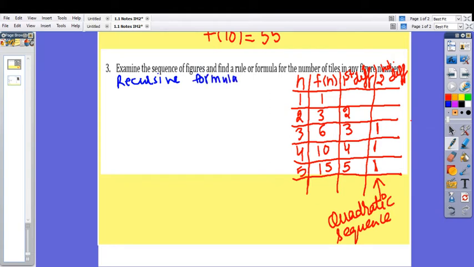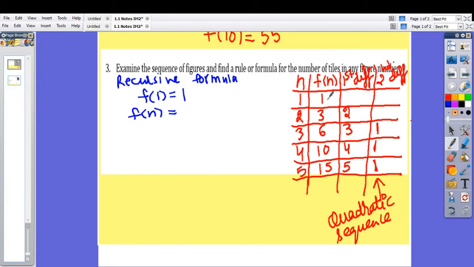If you remember from last time, the recursive formula goes with two equations. One is it starts with a term, so f of 1 will be 1, and then f of n will be, so we have to find out what we do with this 1 to make it a 3.